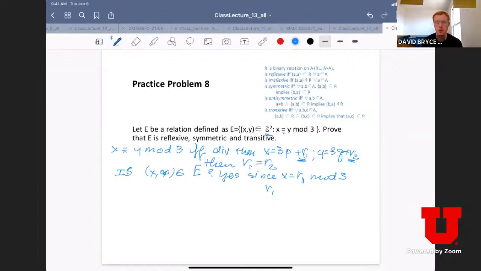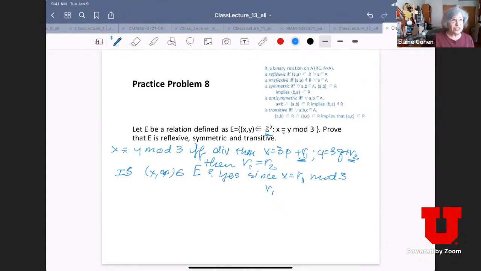So the only possible results of any number mod 3. 5 and 8 mod 3 are the same. Yeah, but we're not modding x by 3. We're only modding y by 3. Or am I... No, both sides are modded by 3. Oh, okay. Just because the way I read the problem, it only puts y mod 3 on the right side. No, you write them the same. You only write the mod on one side.